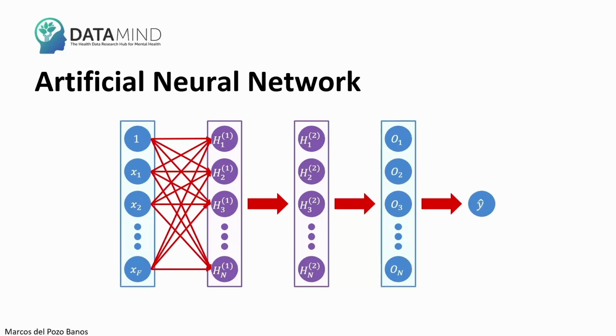Now, when I say that each of these layers is connected to the next one, usually these are fully connected layers. That means that each neuron in one layer is connected to all the neurons in the next layer. Although this is not necessarily always the case, it is most typically the case.